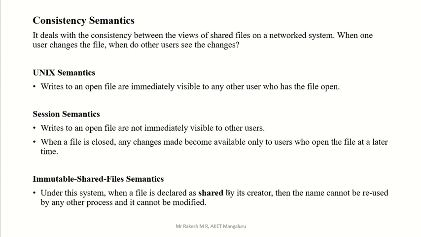Once it is shared by its creator, we can't edit it, and we can't reuse the name of the file either. This is called immutable shared file semantics. These are the three types of consistency semantics.